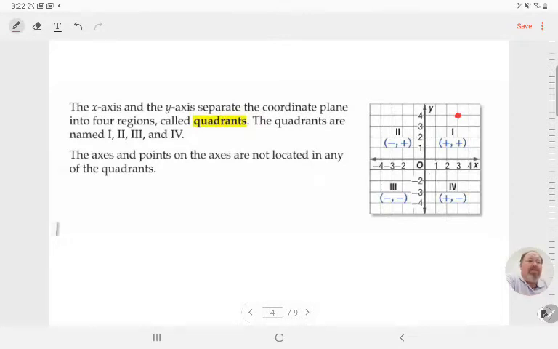If I have a point that is -3, -2, which would be here, that would be in quadrant 3, okay? It goes 1, 2, 3, 4, all right? Also, if I have one, let's say, at 2, 0, which would put it right here on the x-axis, that is not in any quadrant, okay? So if it's on the axis, it is not located in any quadrant.